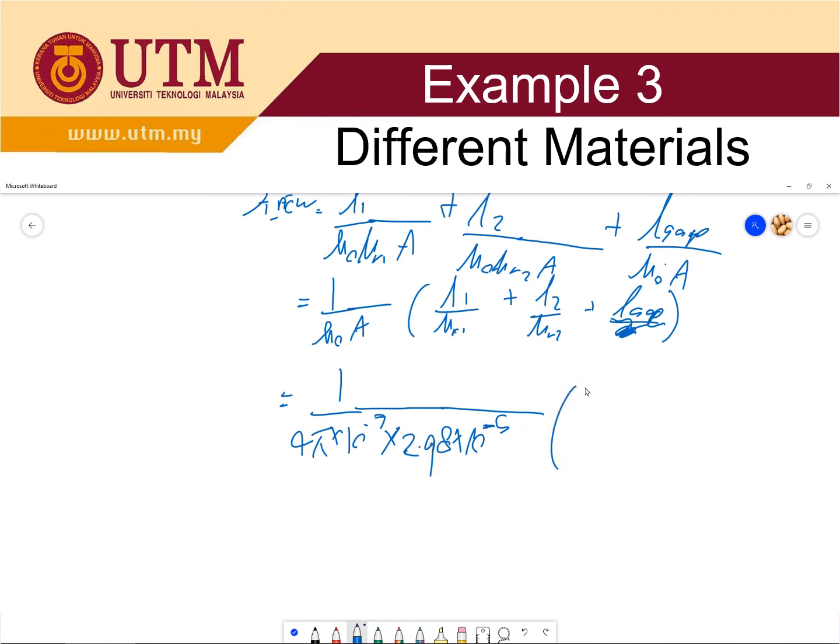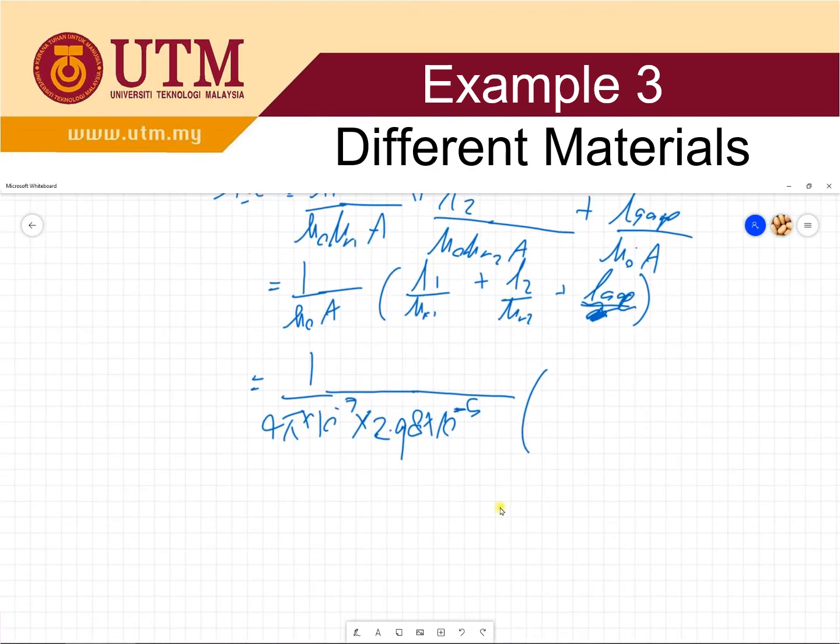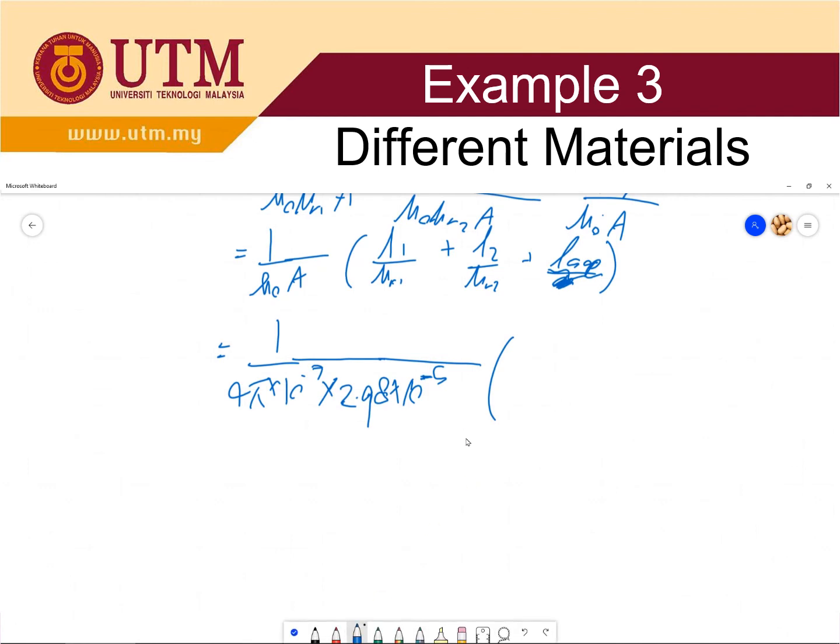Then L1: L is 0.2 meter, so 0.1. So L1 is 0.1 divided by 1000, plus 0.1, also because the same length, divided by 2000. If they mention there is a gap, make sure that you subtract the gap; I will show you later. So plus the L gap, which is 0.01.